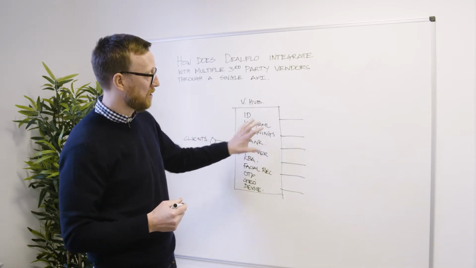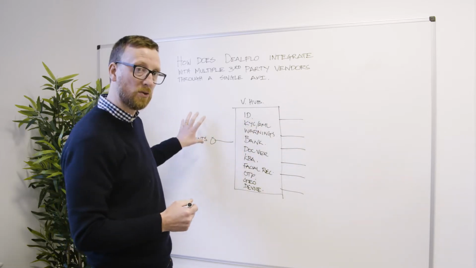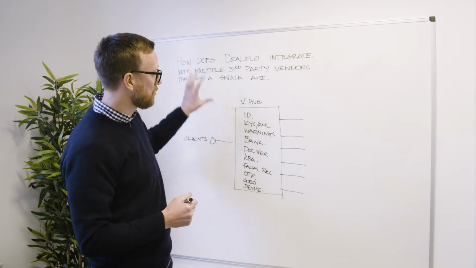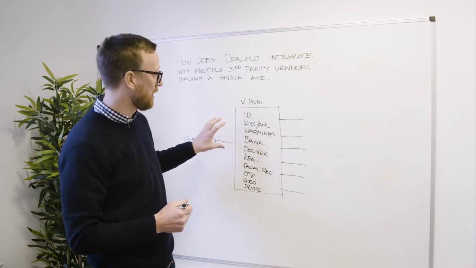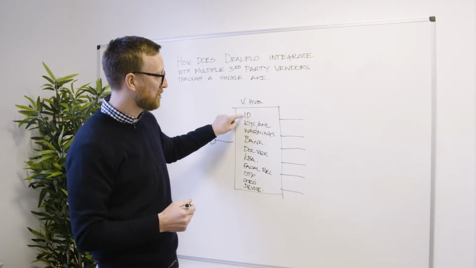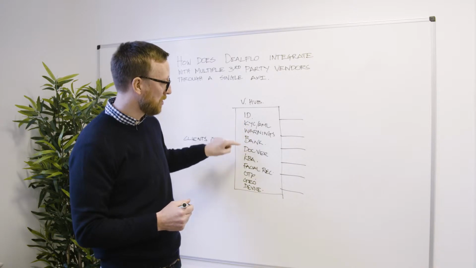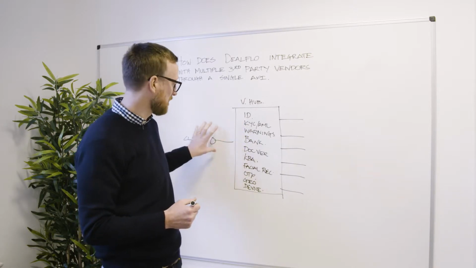Now, we will integrate with many services in order to provide all of those features to our clients. Really what this question is asking, I feel, is how does a single integration give us access to multiple ID checks or maybe multiple KYC, multiple document verification through this single API?